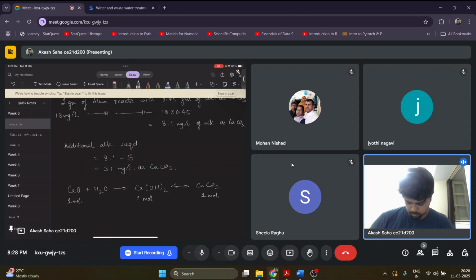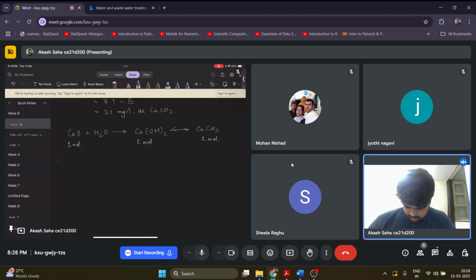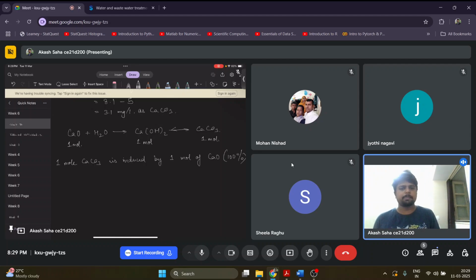So everything is in 1 mole. So I can say 1 mole CaCO3 is induced by 1 mole of CaO if it is 100%. So let's imagine instead of the 85% purity, I am considering 100% pure CaO.